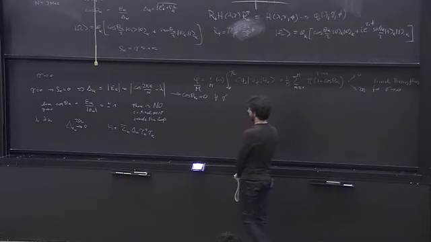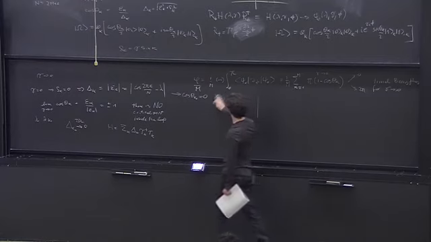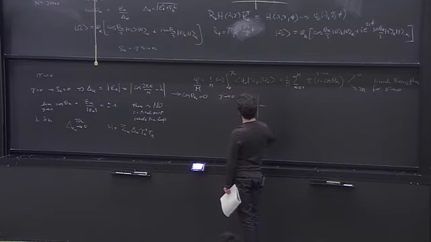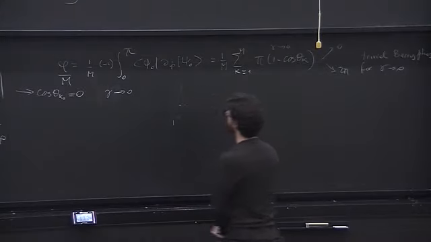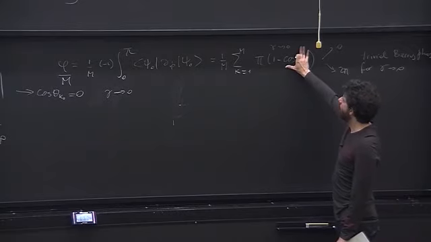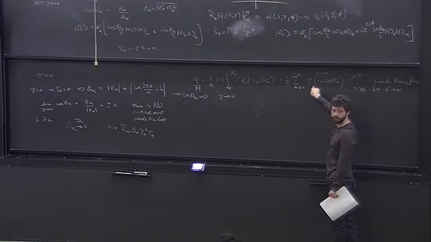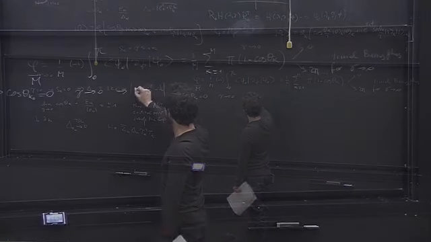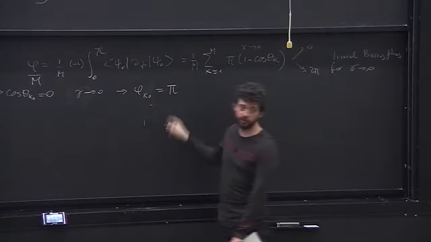For that, we are considering this line. So not for every gamma, but in the limit of gamma going to 0, because we need to reach that one. So if cosine theta k is 0, for that k we get pi in the limit of gamma going to 0. We get the Berry phase corresponding to k0 is equal to pi, which is non-trivial.